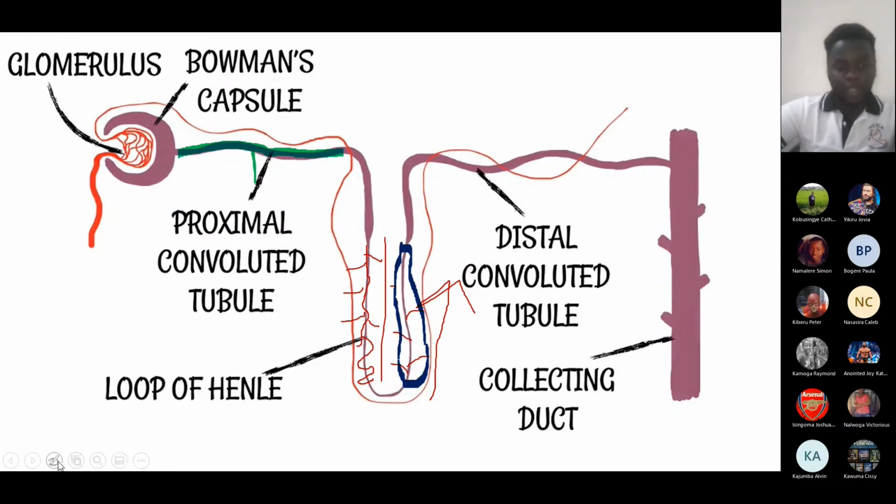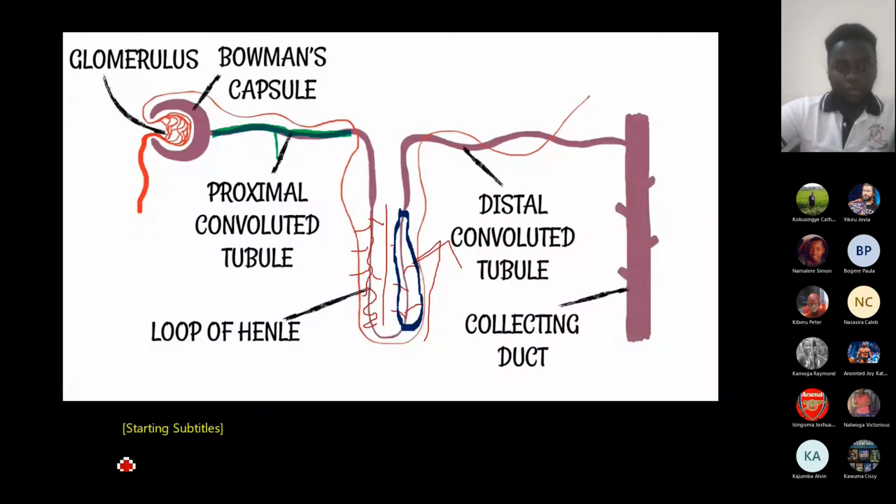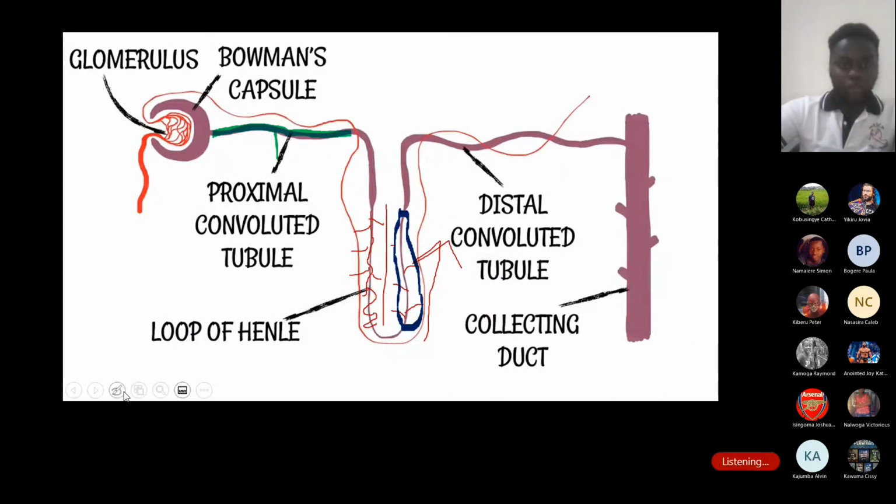Let me repeat that so that people don't miss out. On the descending limb, water moves out.